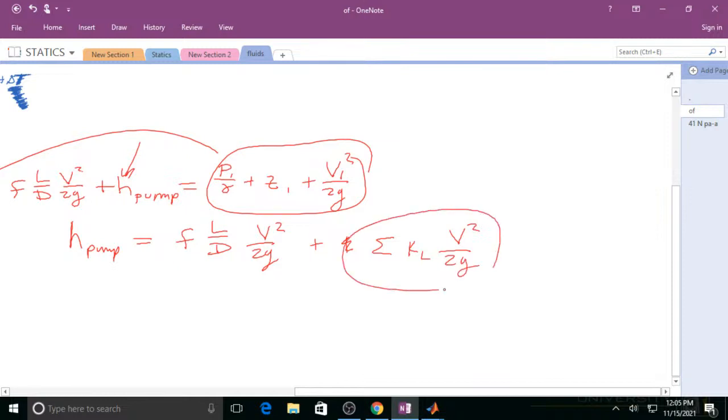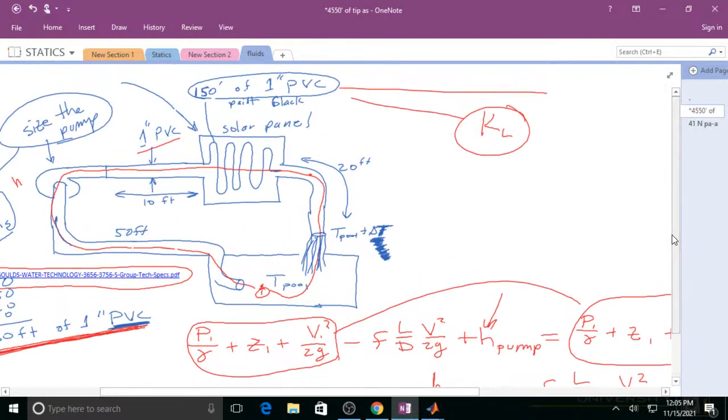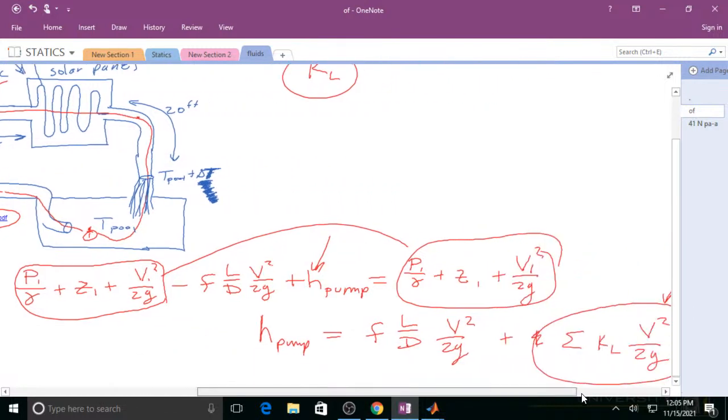Now, I didn't do that, but a heat exchanger could have a loss factor, or it could have an effective length. In our case, I said it was about 150 foot, equivalent to about 150 foot of pipe.